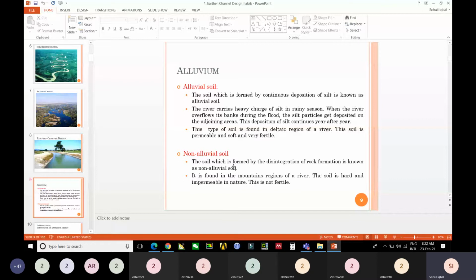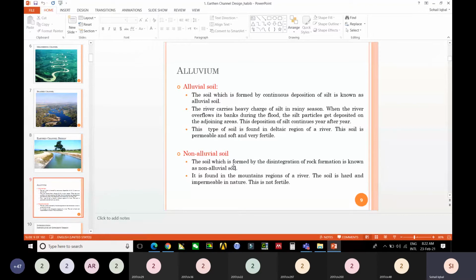From the fertility point of view, it is very fertile and has the highest productivity compared to other soils. Why is its productivity good? Because it has porosity, and the particles in it are not compacted. As floods are generated in the river, the suspended particles are carried in the flow.